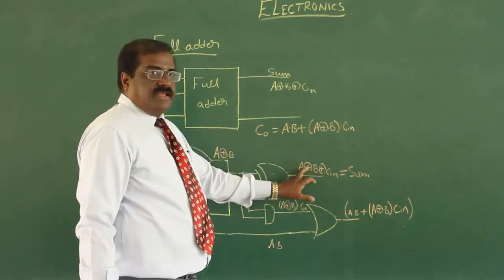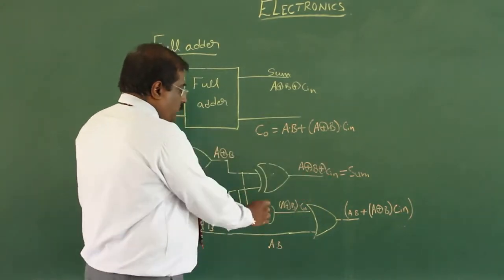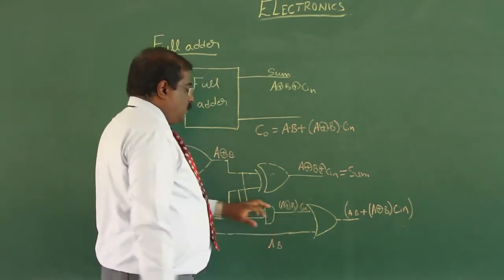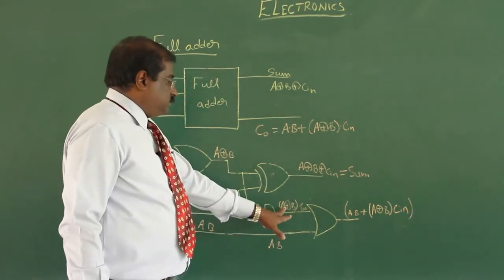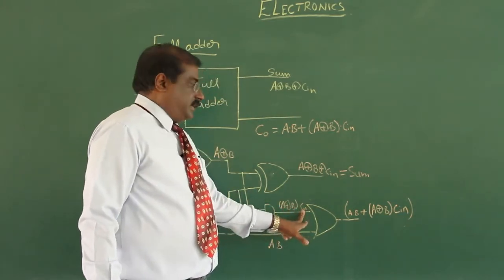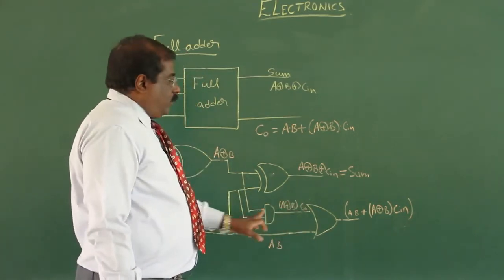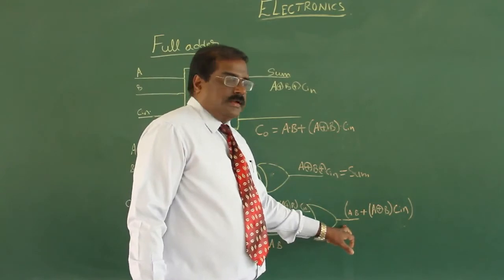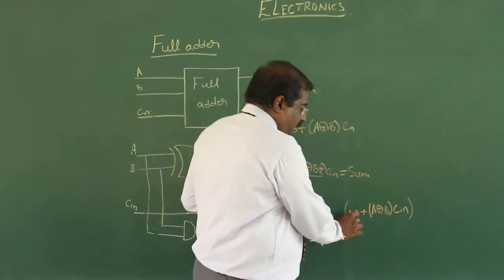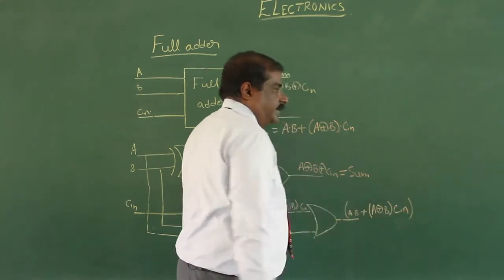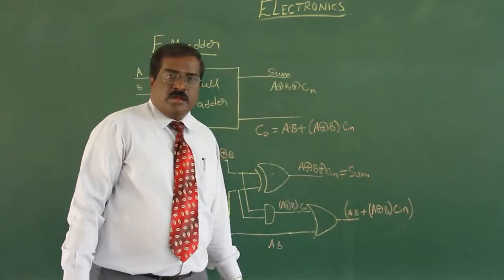That is the AND function, so A XOR B dot C in. And the first carry, both are together to fetch A dot B plus A XOR B dot C in. So this is what we have as the full adder.